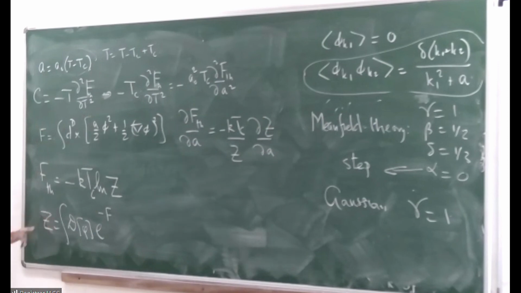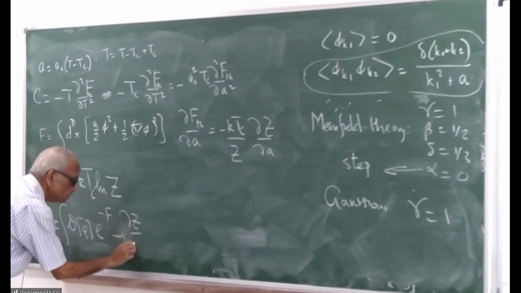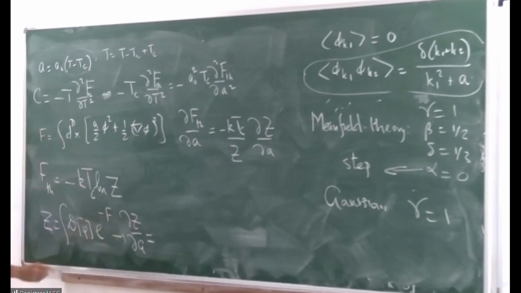Z is this. I'm going to take a derivative of Z with respect to A, which means that I'm going to bring down, so this tells me that del Z del A equals, so it is e to the power minus F over here. So it is minus this. So there is going to be a minus sign, and it is a derivative.